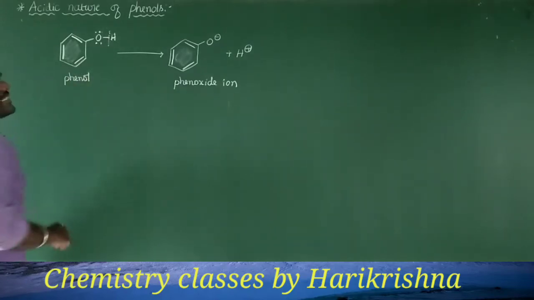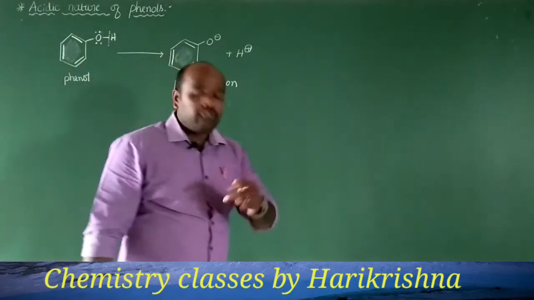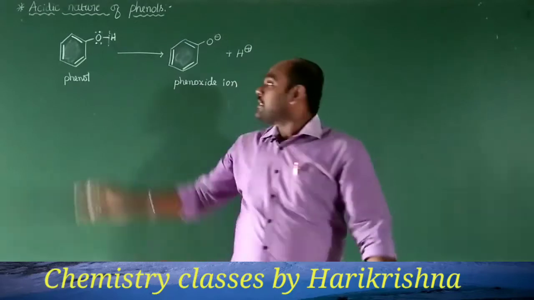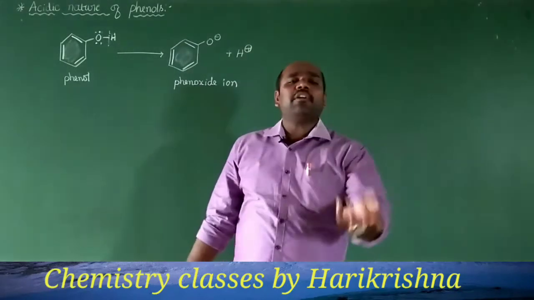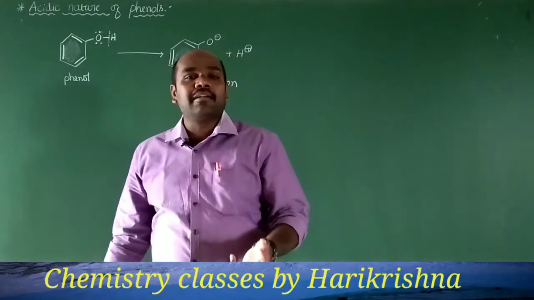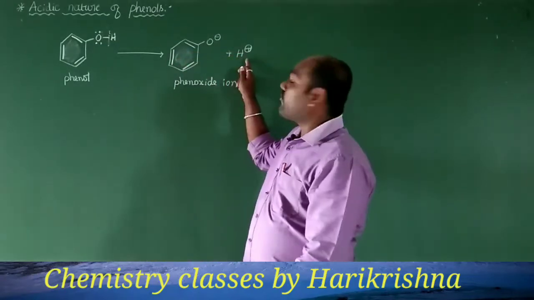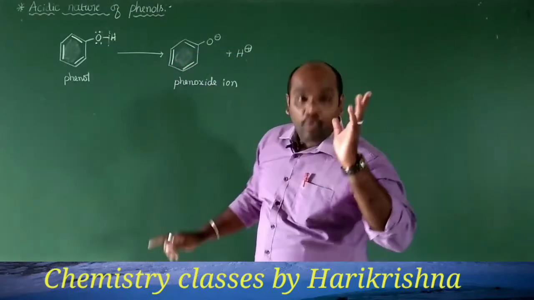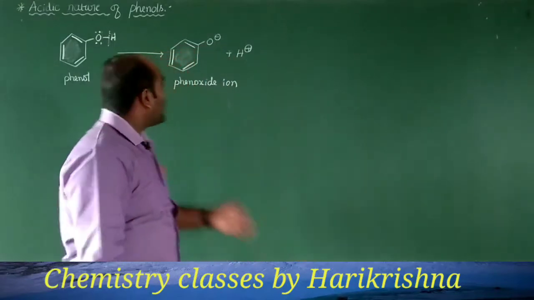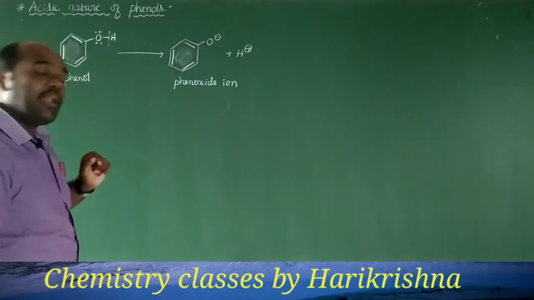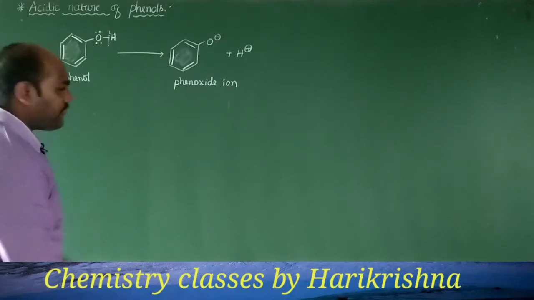So because of this delocalization, we will be observing resonance in phenol, and because of the resonance there occurs development of free H plus ion. How? That we shall observe by writing the resonating structures for phenol.